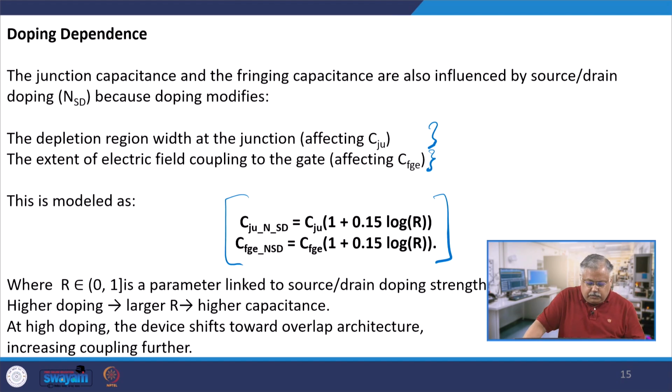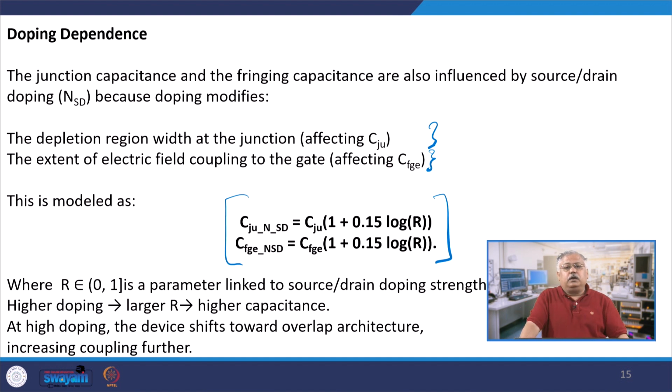What we are assuming is that R is a parameter which is linked to the source drain doping strength. Higher the doping, obviously larger will be the R value. R is not resistance, please understand. So higher the doping, larger will be the R, and therefore higher will be the capacitance. Now at high doping, the device shifts towards overlap architecture, increasing further coupling. Why?